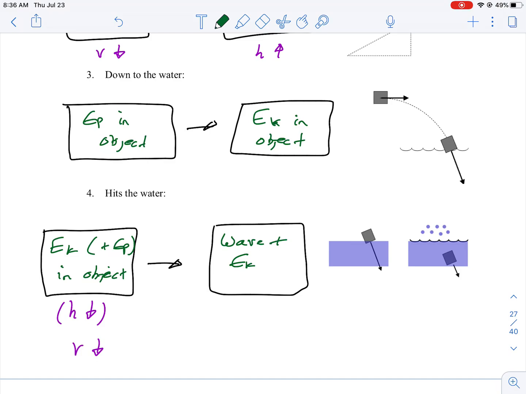There would probably be also some heat and sound when it smashes into the water. You know what, as long as you show some logic on this one, we're okay. But it's going to create waves, and it's going to have splashing, so that's kinetic energy inside the water, that's primary. And then there would be some heat and sound loss. Good. This one, you just got to use your logic, and then you're on your way.